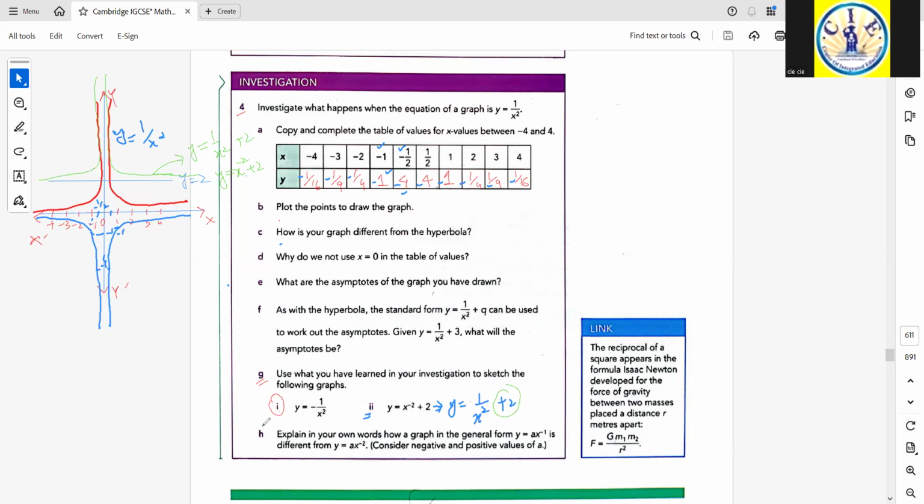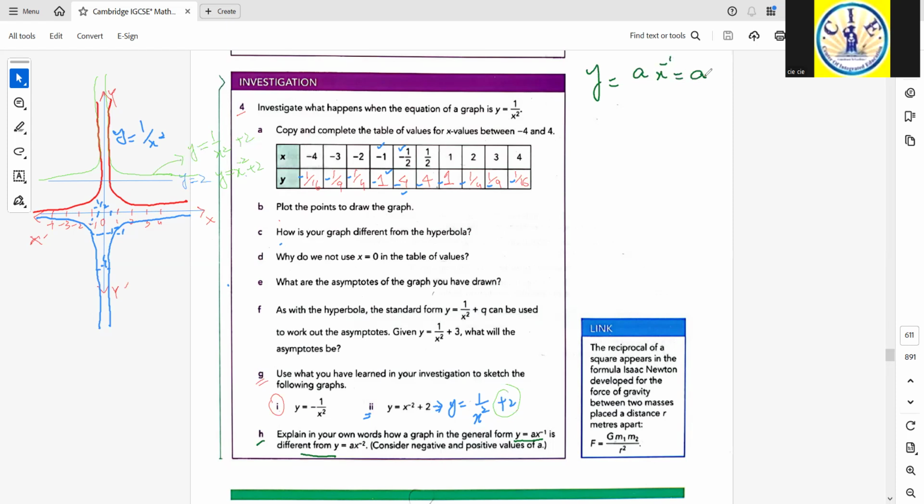Okay, now for part H, explain in your own words how a graph in the general form y is equal to a x raised to power negative 1 is different from y is equal to a x raised to power negative 2. So y is equal to a x raised to power negative 1.